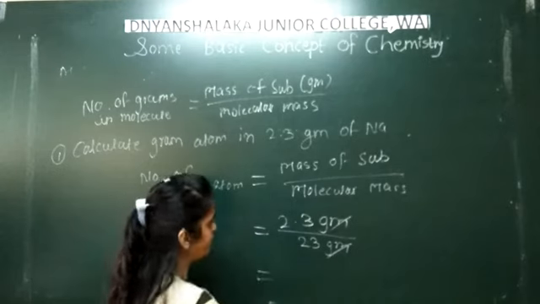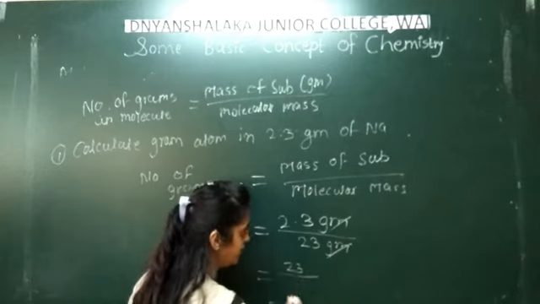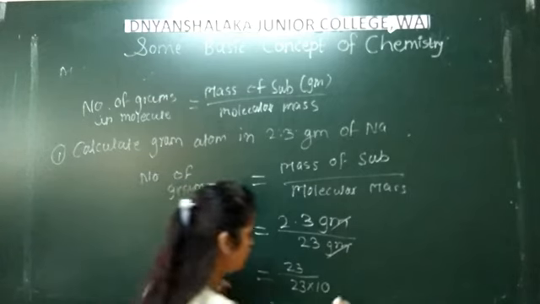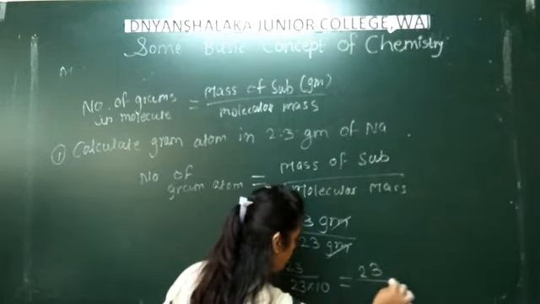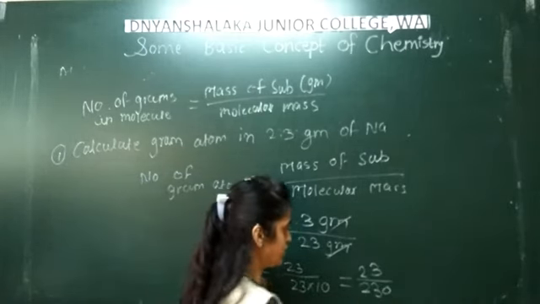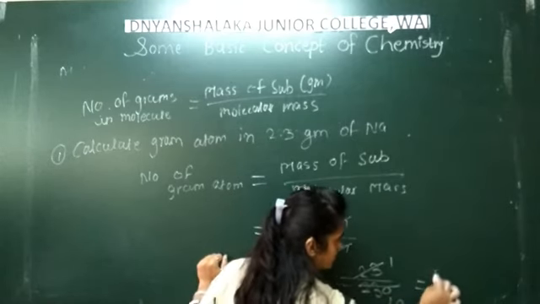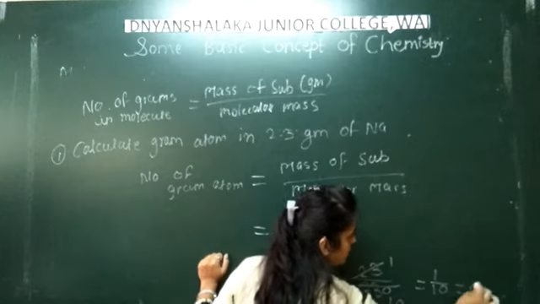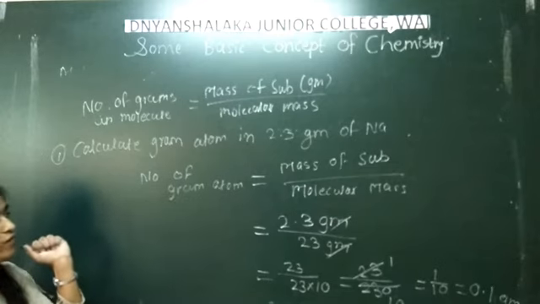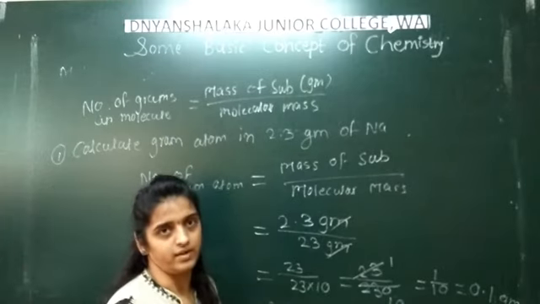So the answer for gram atoms of sodium: 2.3, removing the decimal point, so 23 upon 23 into 10. 23 into 10 is 230. So 23 ones are 23 and 23 ones are 23, 0. So the answer is 1 upon 10, which is 0.1. So the number of gram atoms of sodium is 0.1. Thank you.